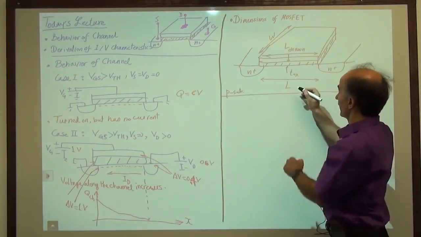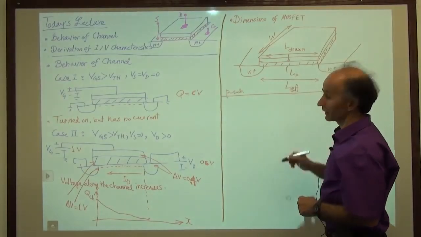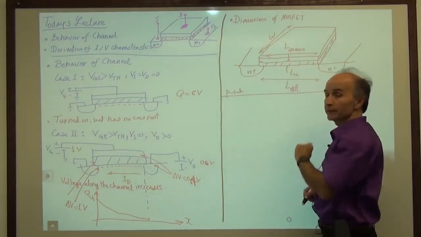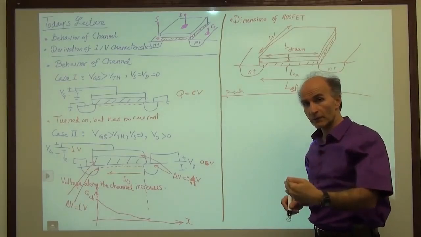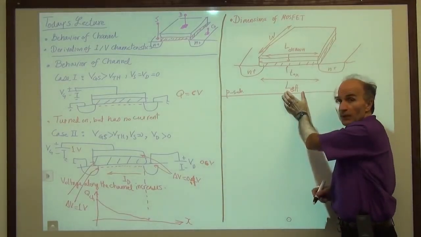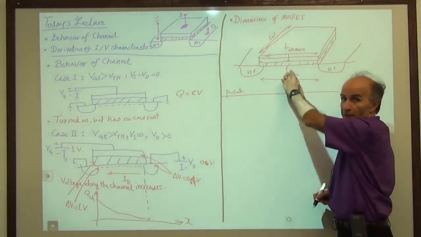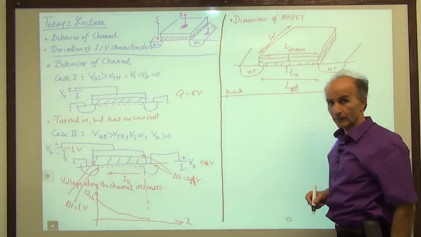And we will call this L effective, because this is the actual L that the device will have, which is less than L drawn by some amount. In the calculations from now on in this course, we are only concerned with L effective, not L drawn. These two differ by some amount, but L effective is what will appear in our equations. So just remember that.